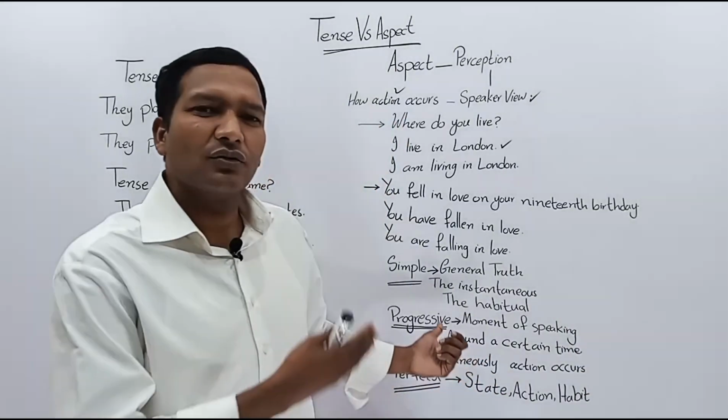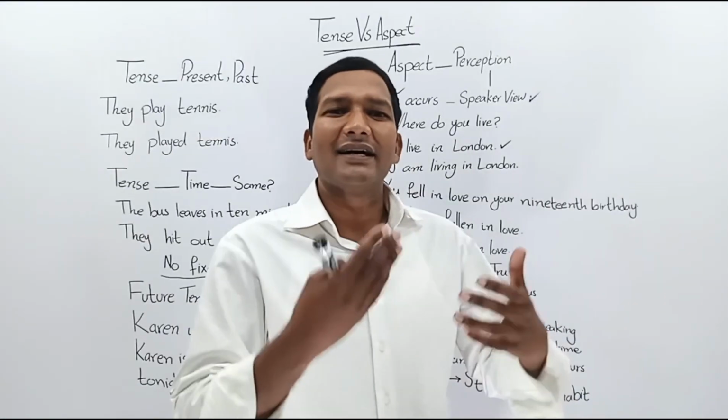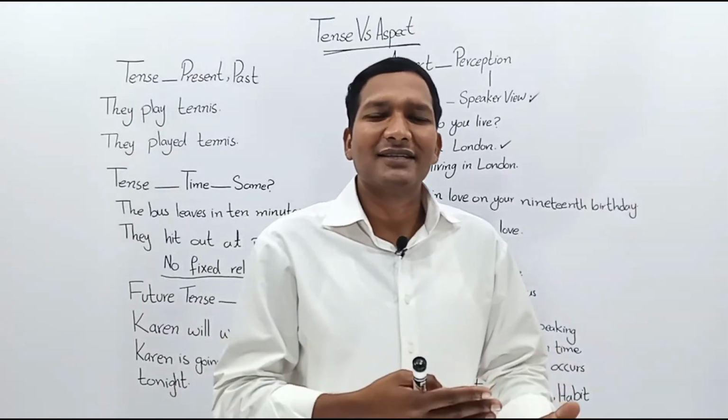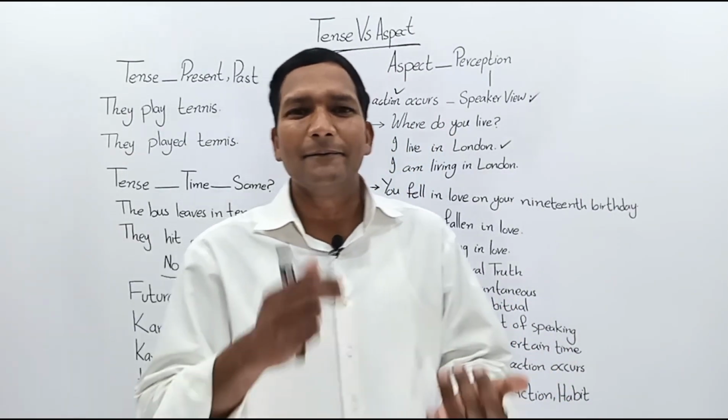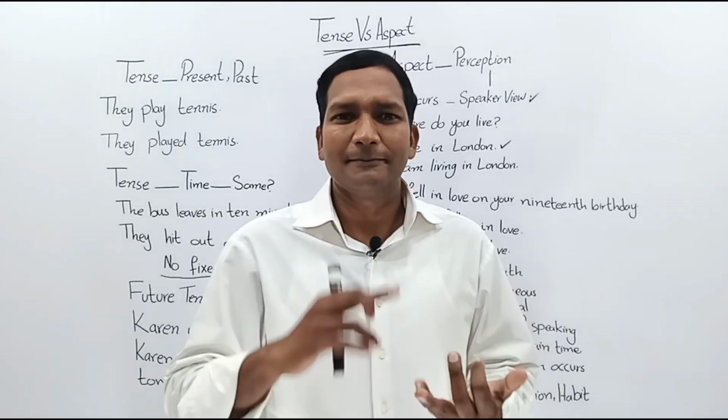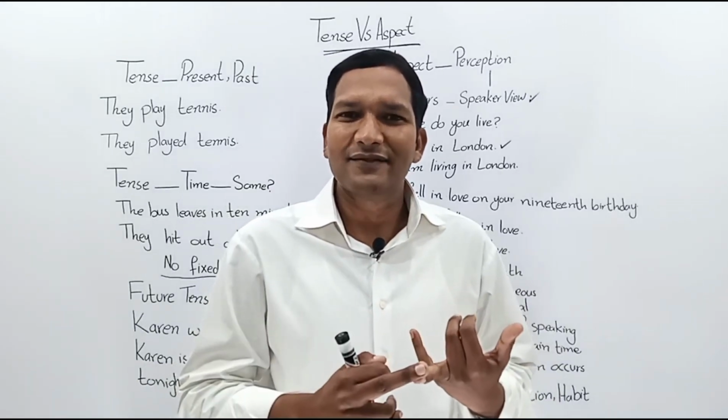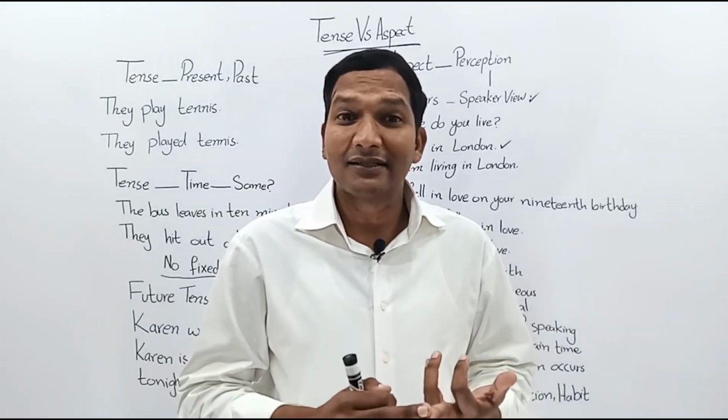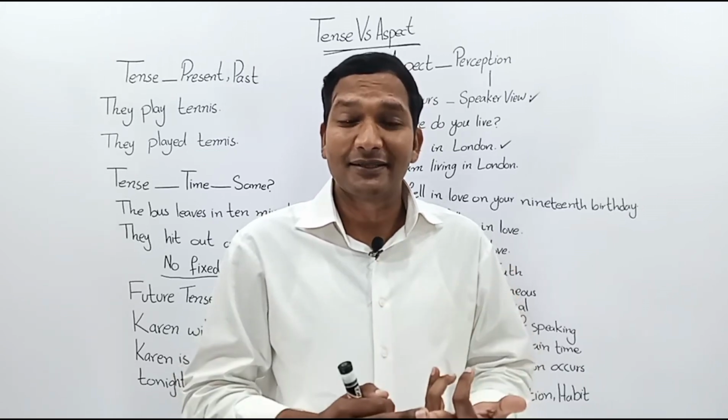Now we move on to progressive or continuous aspect. Continuous aspect shows us unfinishedness, progressiveness, and temporariness.